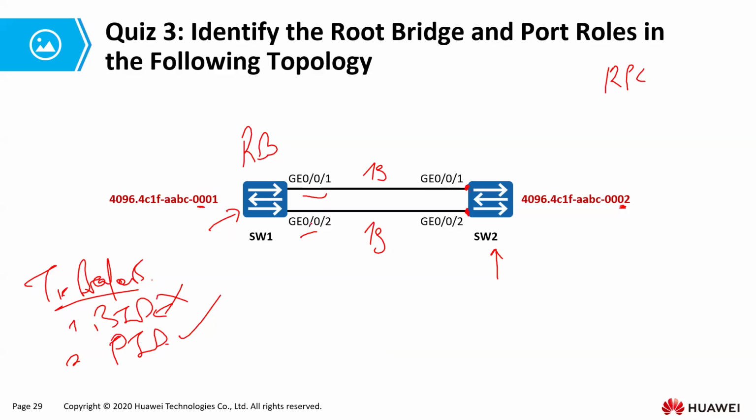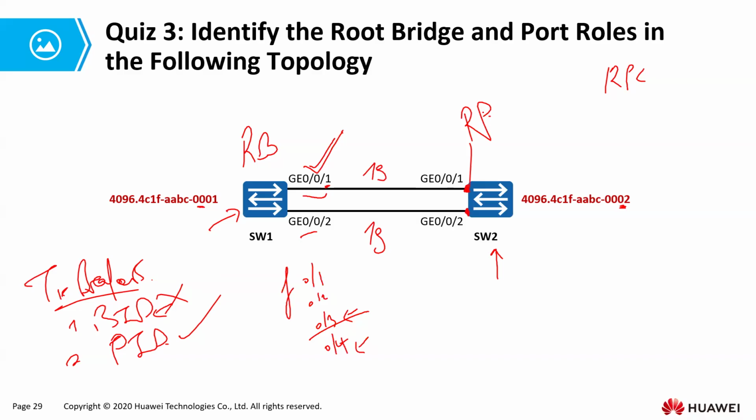The lowest PID is G001, because it's port number 1. Typical example, you see ports like fast 01, fast 02, fast 03, 04. If you compare two ports, the one with the lowest port ID wins. So in this case, this one wins the election, therefore this port becomes the root port.